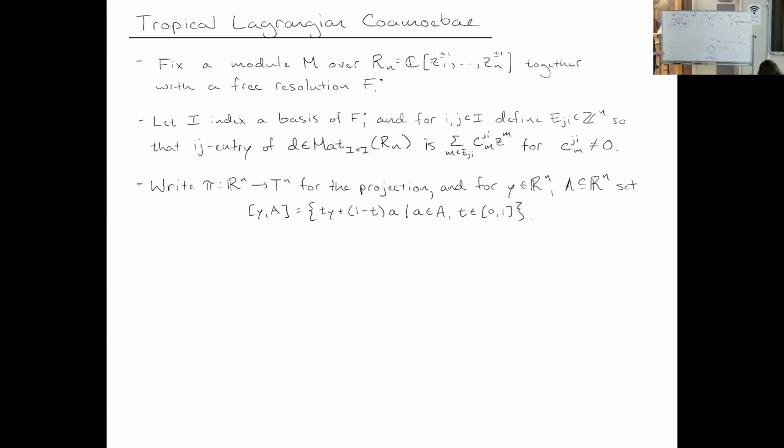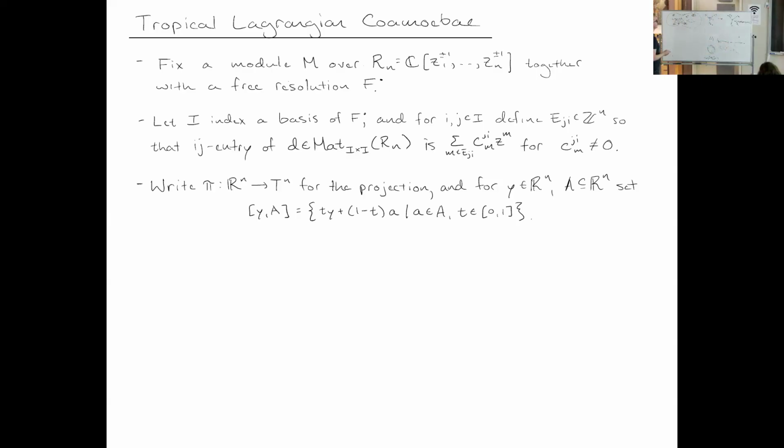I'm going to try to invert the process that would write down the matrix from the graph: write down the graph from the matrix, and see that it wasn't so important that it was a Kasteleyn matrix, it could have been any resolution.